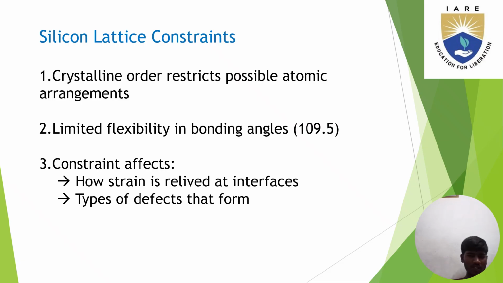Definition of interface states. An interface state is an electronic state with an energy level located within the semiconductor's band gap.